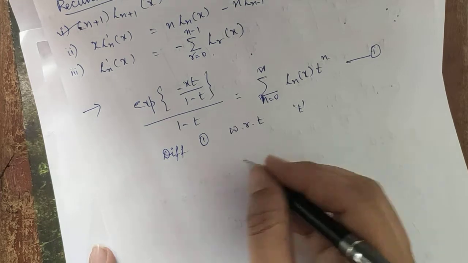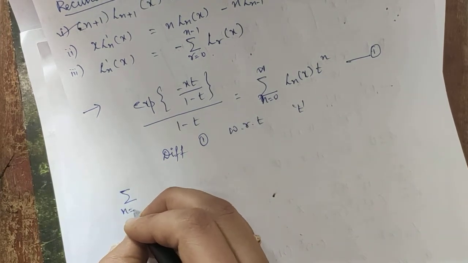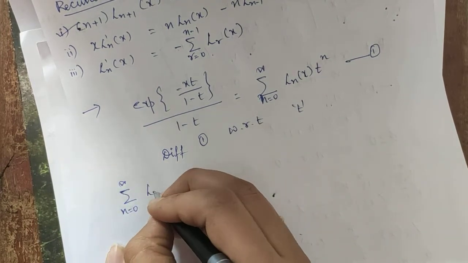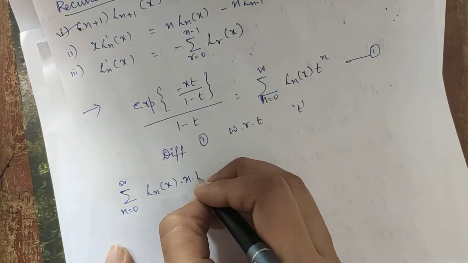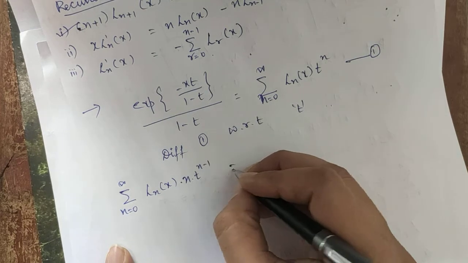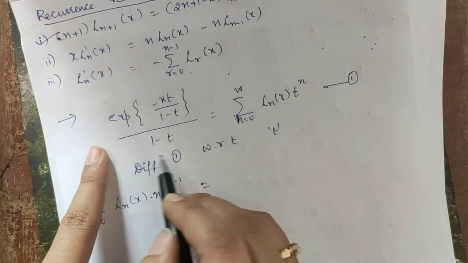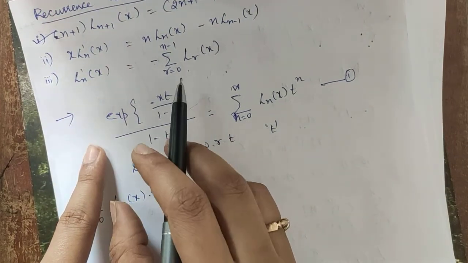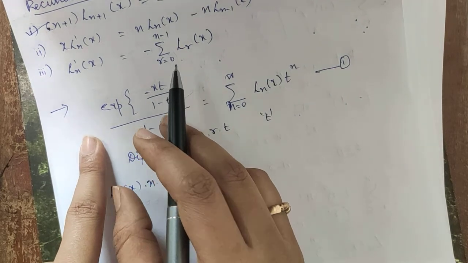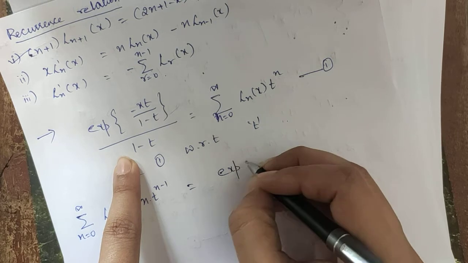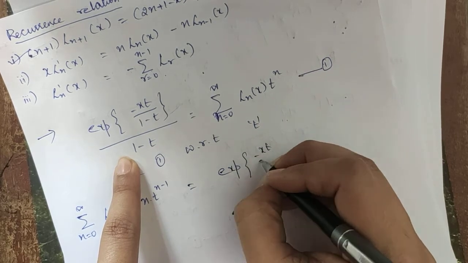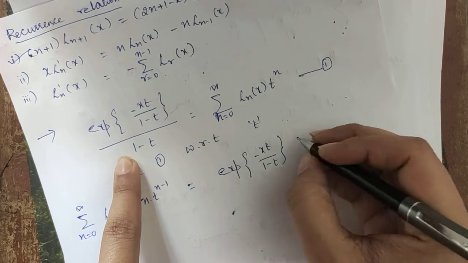So what will you get? You will get summation n equals 0 to infinity L_n of x as it is. If you differentiate t power n, it is n into t power n minus 1. Here I will split this part and apply the product rule of differentiation. First I will retain exponential of minus xt by 1 minus t as it is.